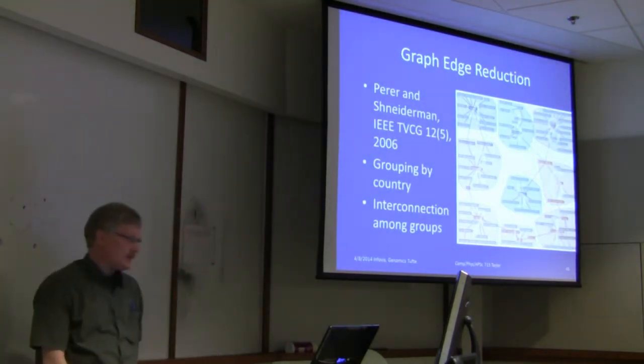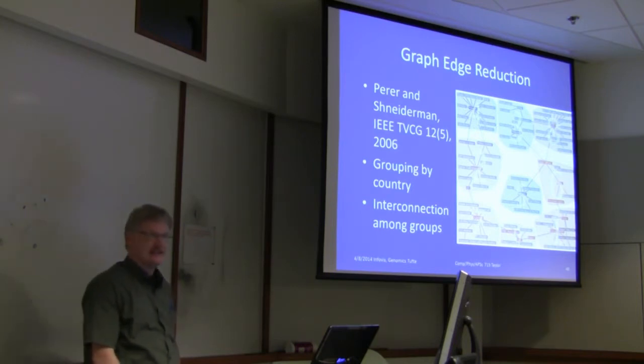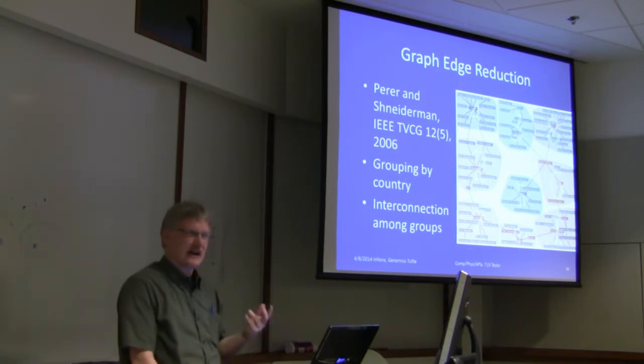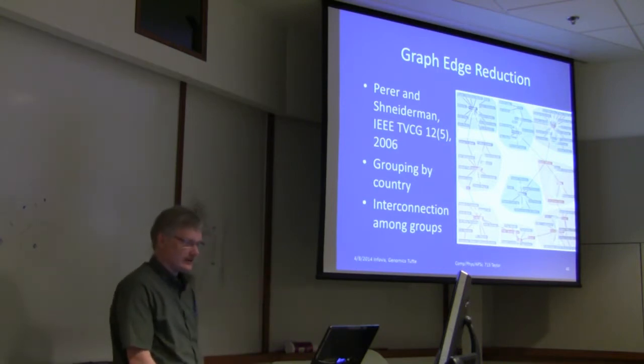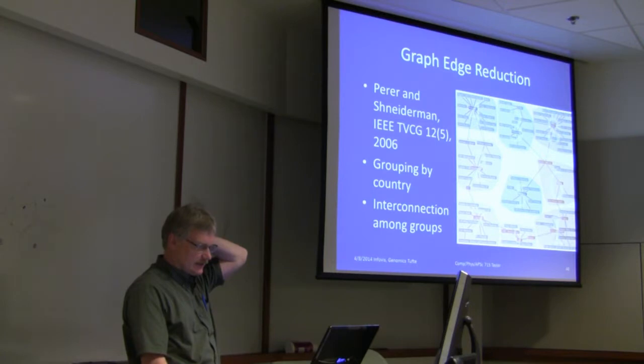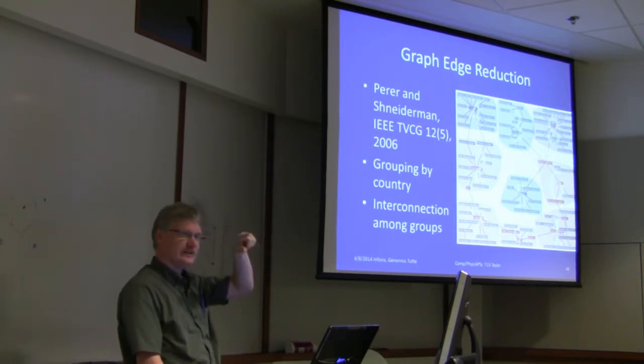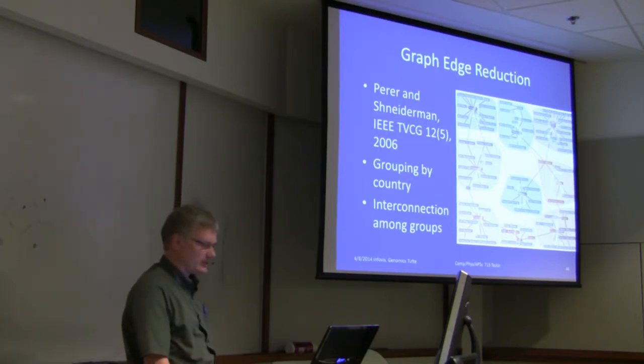So the problem with graphs is they get so big you can't see everything, right? And so the question is, what are the kind of primary important features and how can I leave out the details that don't matter? And so one approach is basically reducing the number of edges, but you still want to show between the edges you've deleted what's the relationship between those entities.